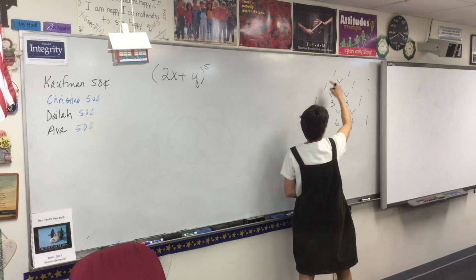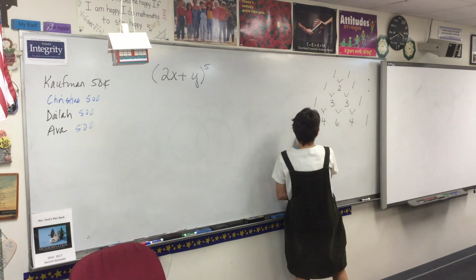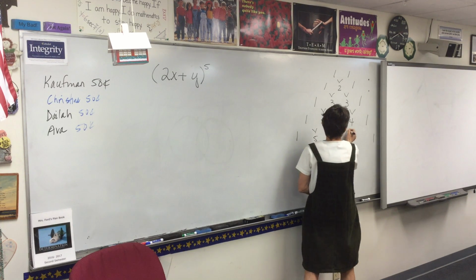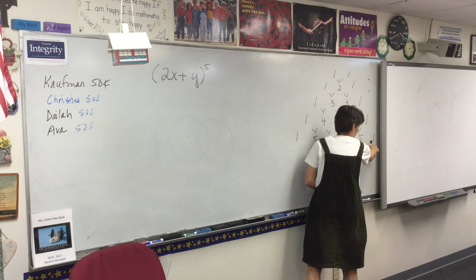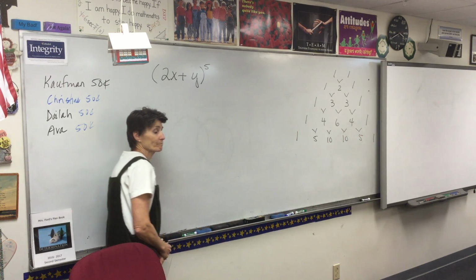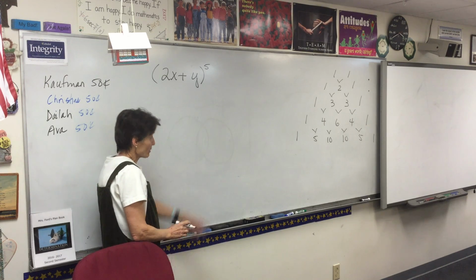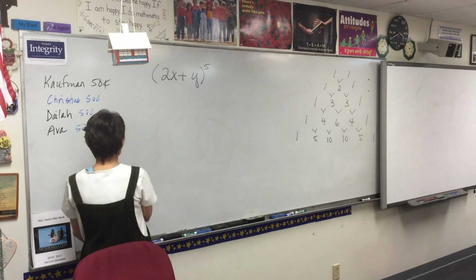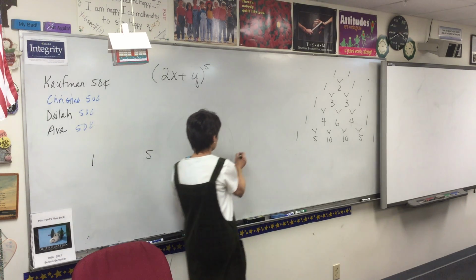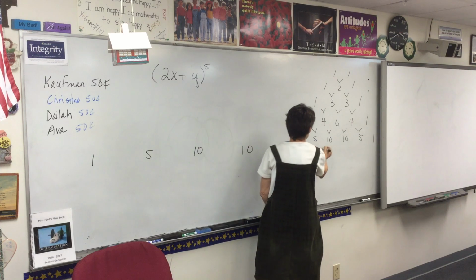I've got to go one more. So 1 and 1, 5, 10, 10, 5, and then 1 more. So there's the 5th row. Those are the numbers I'm going to write down: 1, 5, 10, 10, 5, 1.